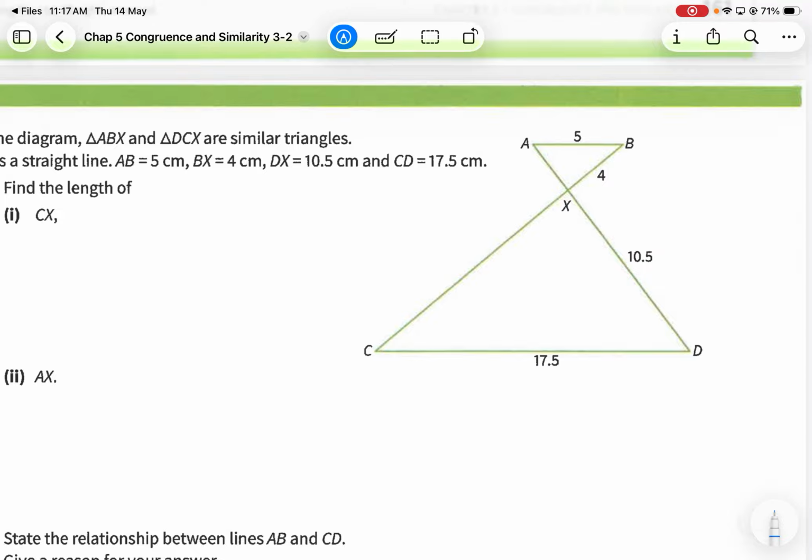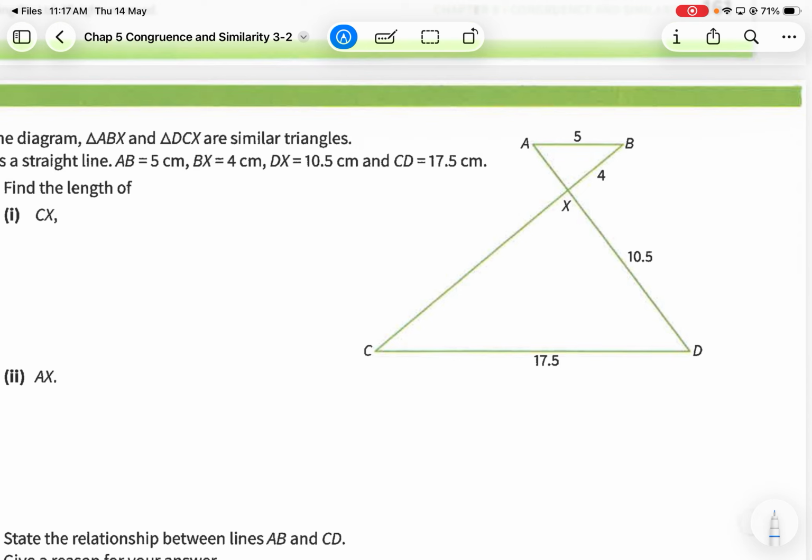Okay, so from the naming, you must be able to tell A corresponds to D, B corresponds to C. X is the common point. AB is 5 cm. AB is between the first and second letter. So on the bigger triangle, AB will correspond to first and second letter DC. Meaning AB and DC, they will give you the scale factor because they correspond to each other.